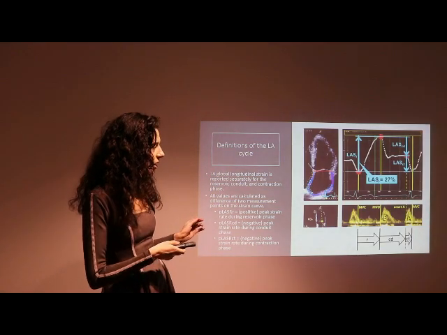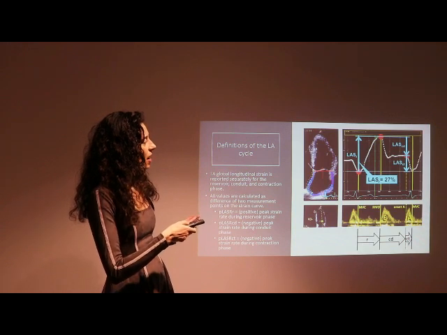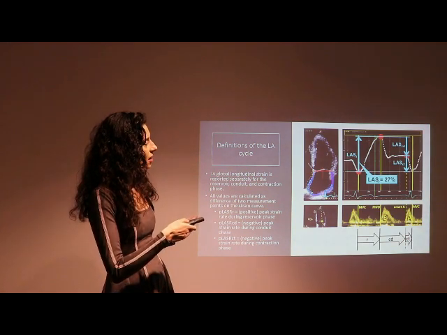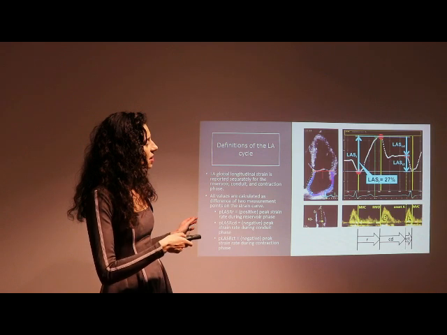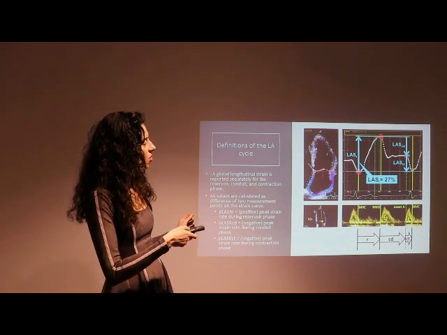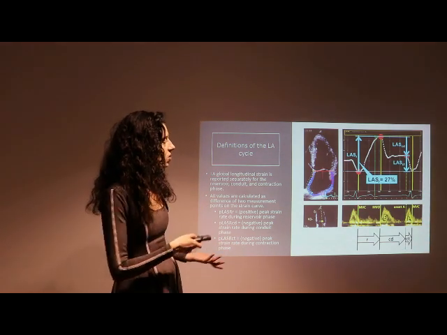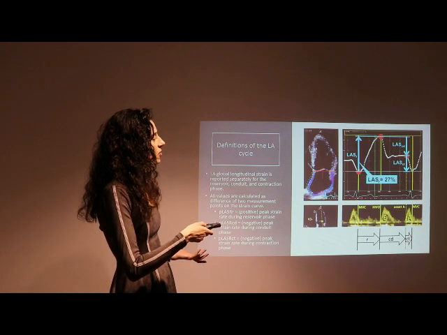So you see that the onset of systole and the end of diastole is determined by the mitral valve closure and not by the beginning of the QRS complex, which is not so precise.